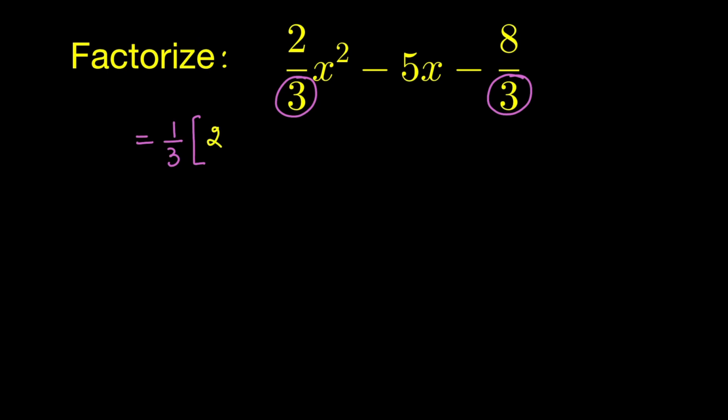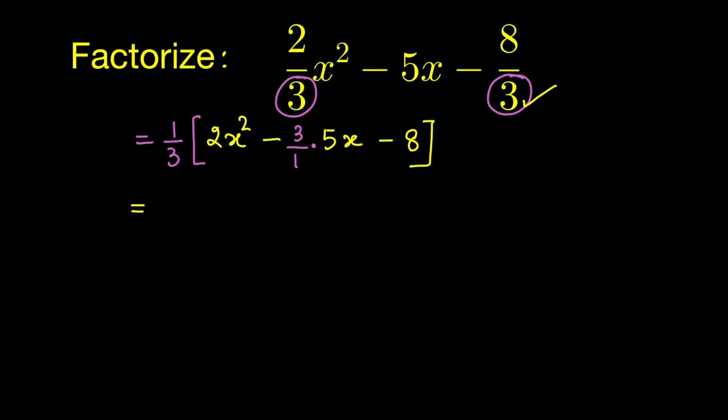It will be 2x squared, then minus 5x, and what did we factor out here? 1 over 3. So we multiply by its reciprocal here. Just remember this concept. And the last one, 3 was already there at the bottom, so we just write it as 8.